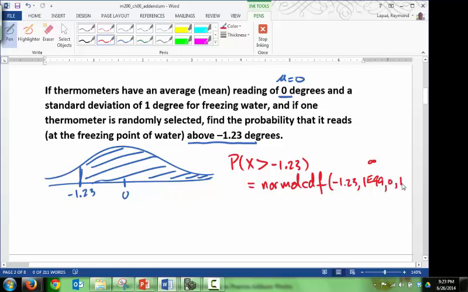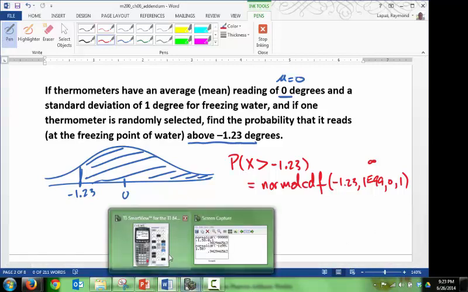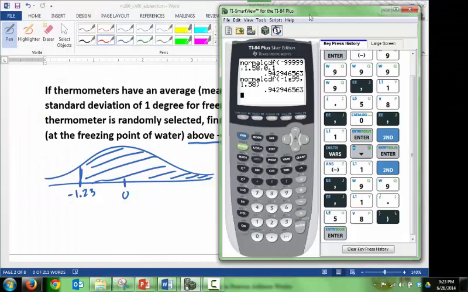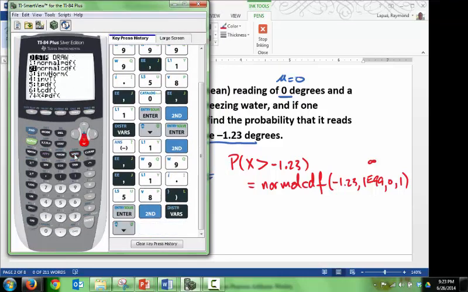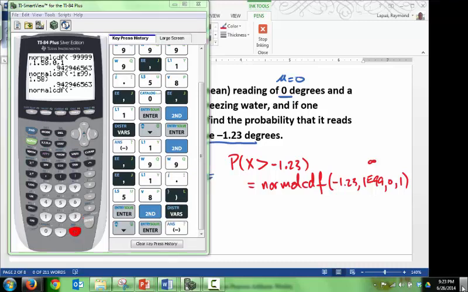The mean and the standard deviation. And then go to your calculator and punch it in. So second function, vars, normal CDF, negative 1.23.